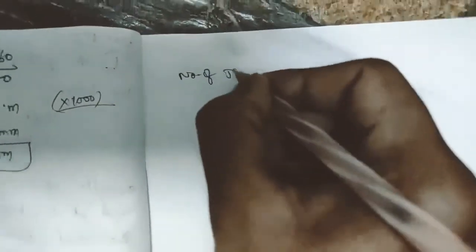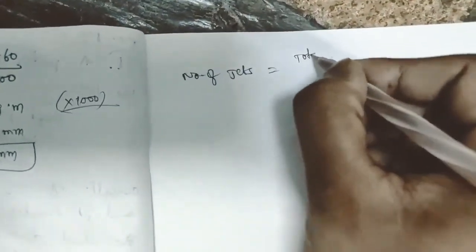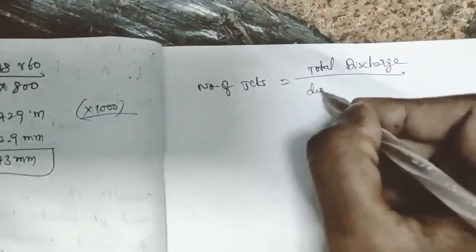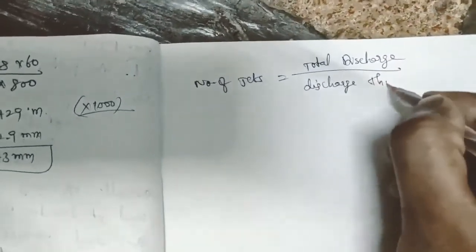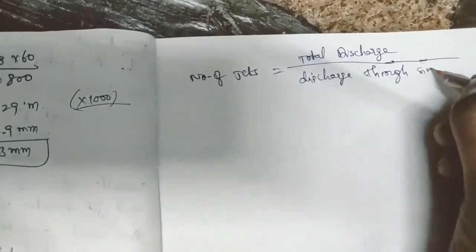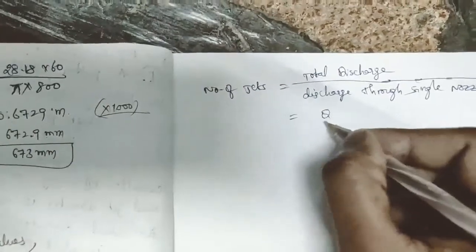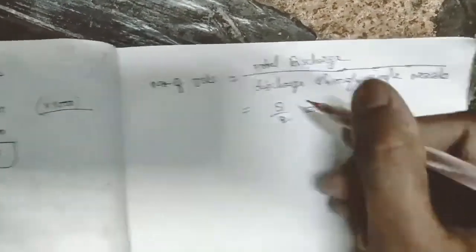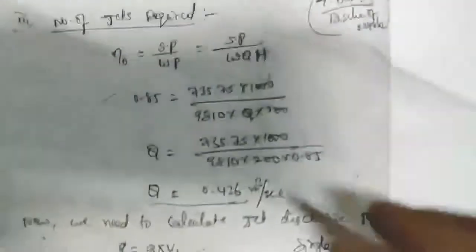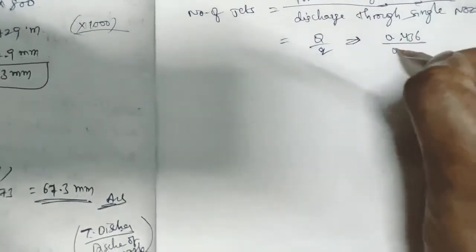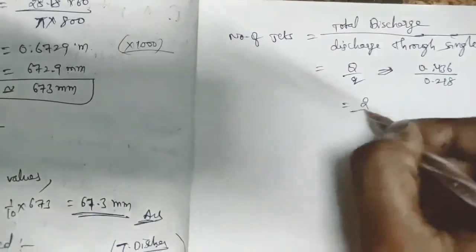So now calculate the number of jets equal to total discharge by discharge through a single nozzle, that is equal to capital Q by small q. By substituting these values, 0.436 and 0.218, we got 2.